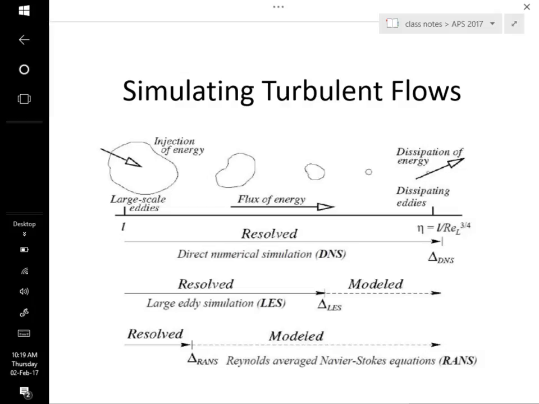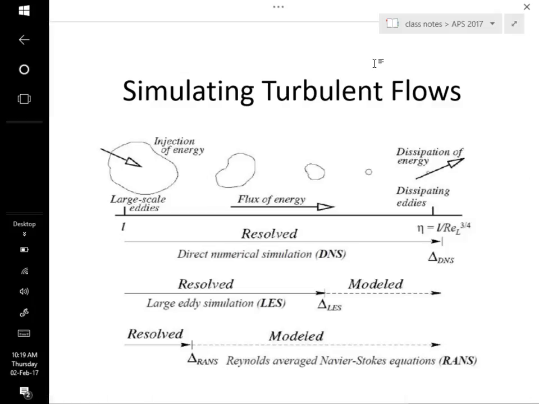But those are kind of empirical approaches. If we really want to simulate the full flow, then we need to take a bit of a broader approach. And there are really three methods that have been developed for doing this.